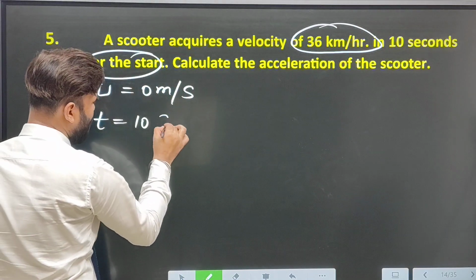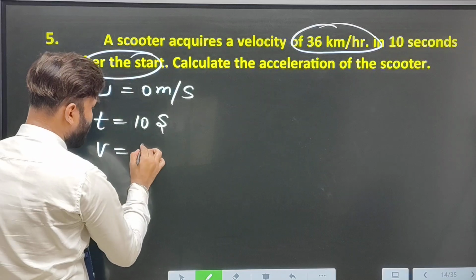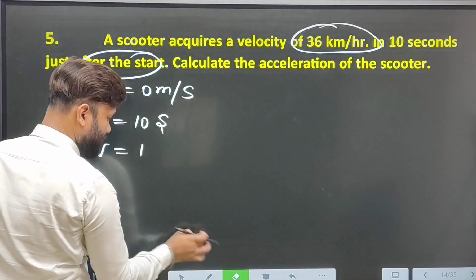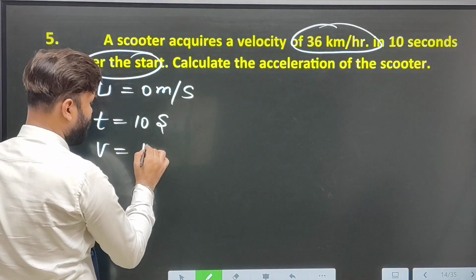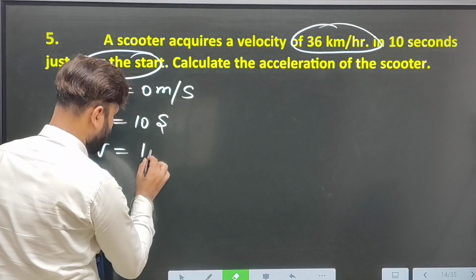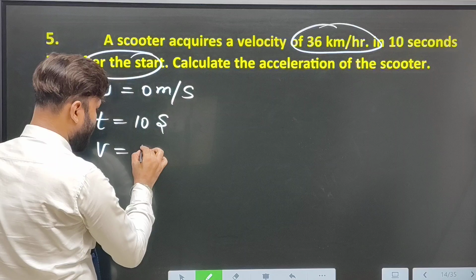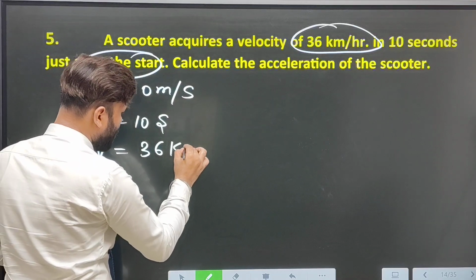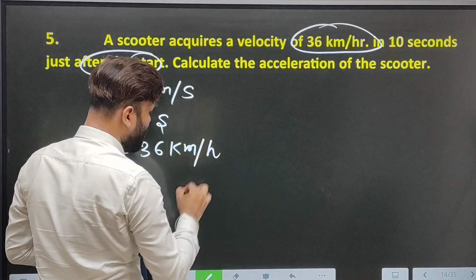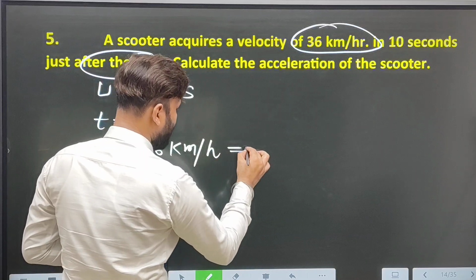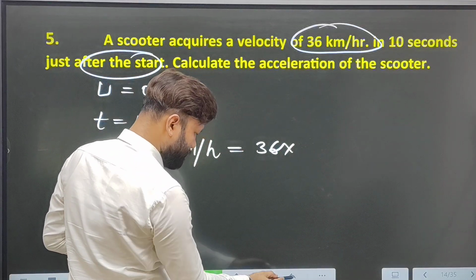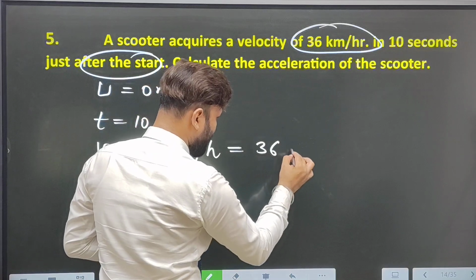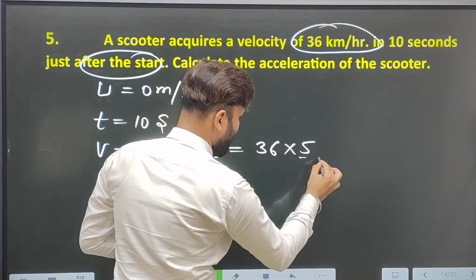So just after the start, new velocity is 36 kilometer per hour. So you can change it in meter per second. 36 multiply 5 by 18.